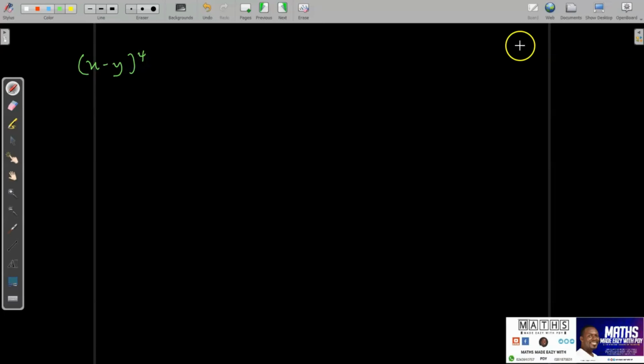So in the first place, we need to know the Pascal triangle for power 4. And we just learned that the Pascal triangle for power 4 is 1, 4, 6, 4, and 1, right?